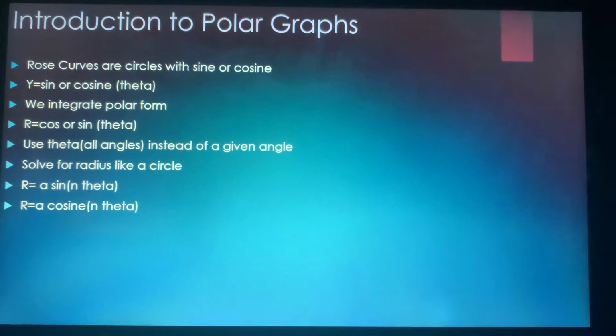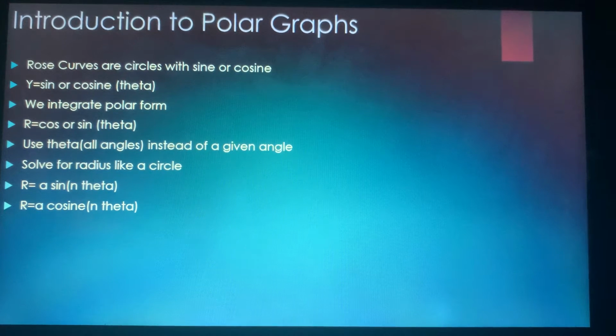Now, when we're dealing with polar graphs like this, we're dealing with something called rose curves, which are pretty much circles where you integrate sine and cosine, and it looks like a rose with a bunch of petals. So now traditionally we have y equals sine or cosine of theta, but if we integrate polar form to include radius instead of y, we get the radius equals cosine or sine of theta.